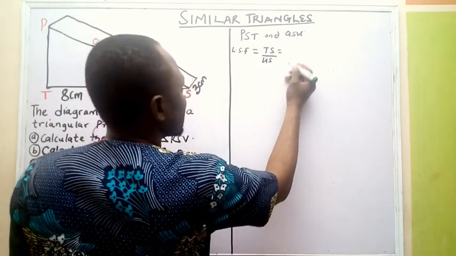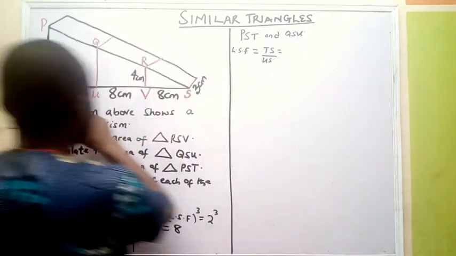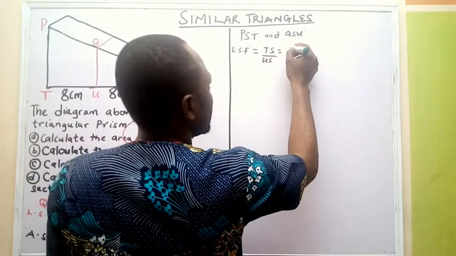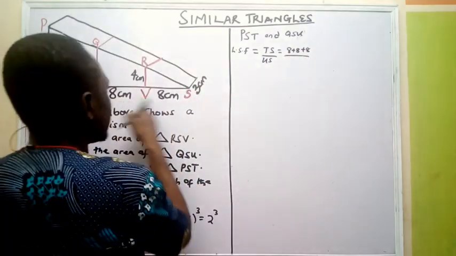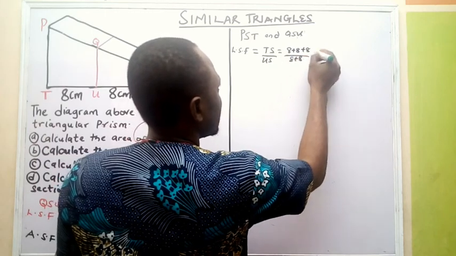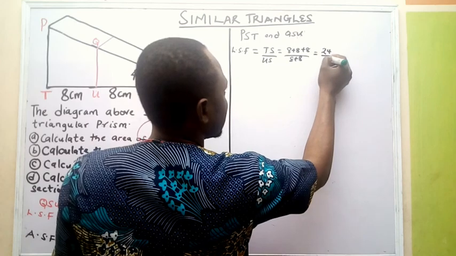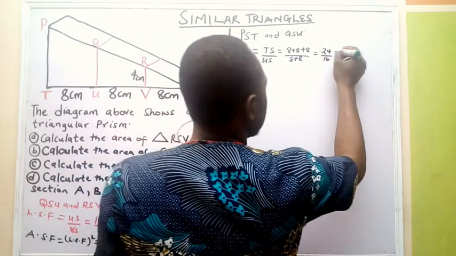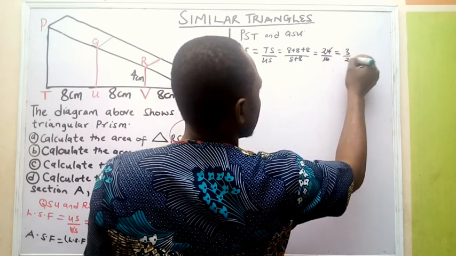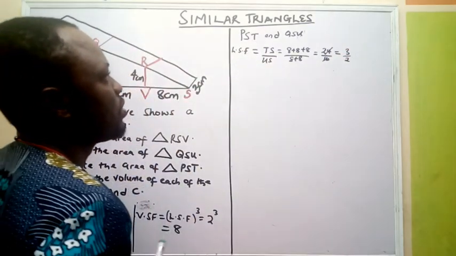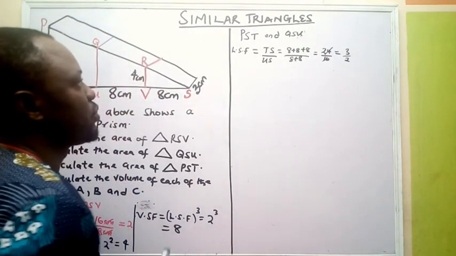TS is 8 plus 8 plus 8, and the other one is 8 plus 8 plus 8 plus 8. So I have 24 divided by 16. If I reduce to the lowest terms, 8 here gives 3, 8 here gives 2. So I have 3 over 2.